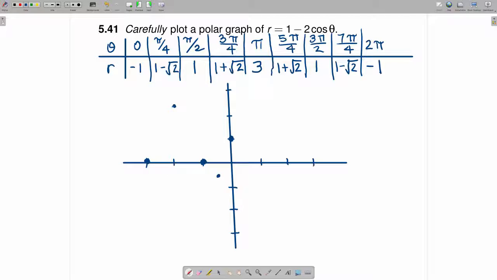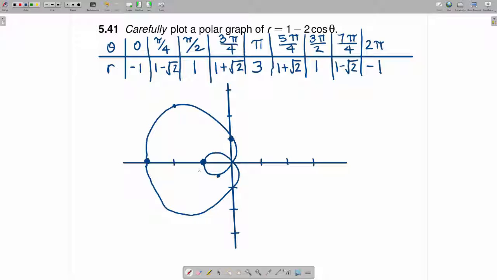So what's happening here is the function is starting here, and it goes out like this, through the origin, to here, and then in some sense it undoes itself coming back, comes back to here, and there it is.